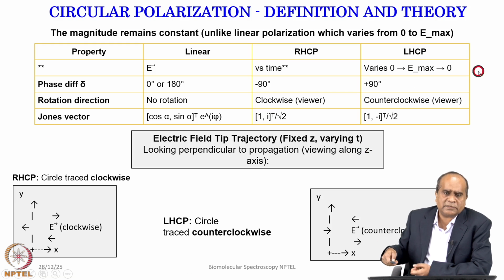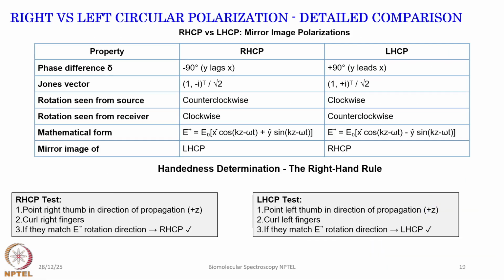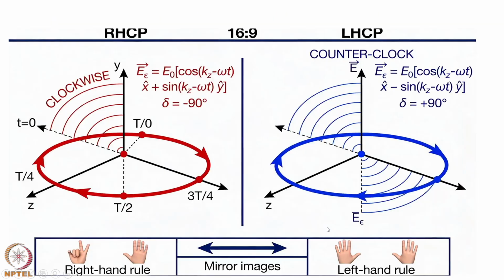The electric field tip trajectory can be seen looking perpendicular to the propagation, and one can find the electric vector rotation, clockwise or counterclockwise, for left handed and right handed polarized light. It is just a 12th class recap that one can go and read, about the propagation, the intensity, and how this polarized light comes.